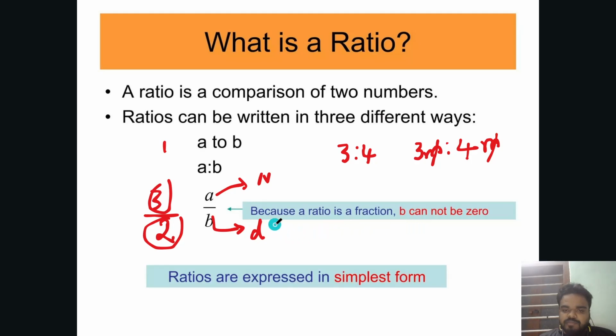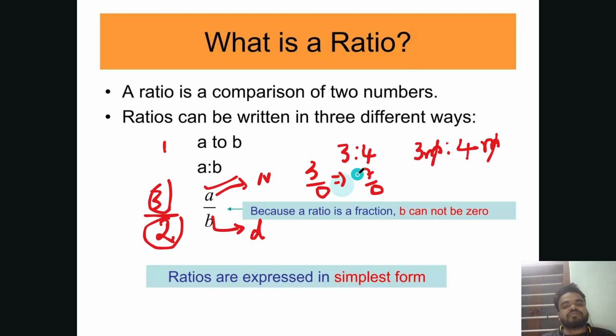Here, because the ratio is a fraction, b cannot be 0. So the numerator can be any real number, but the denominator has some limitations. It can't be 0. Why? If it becomes 0, like 3 by 0 or 6 by 0 or 7 by 0, the whole fraction will become infinity.